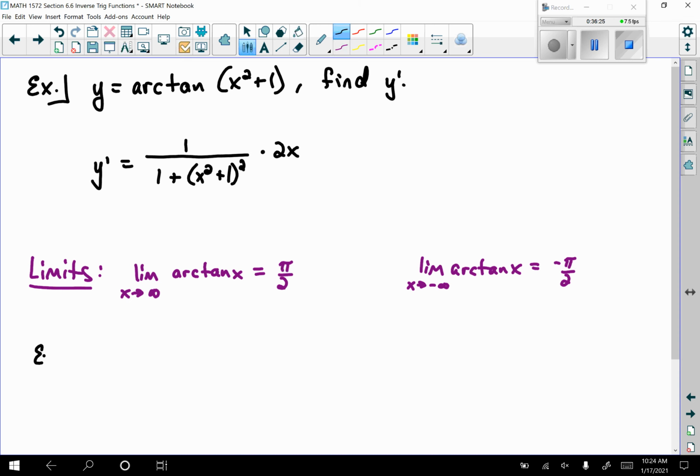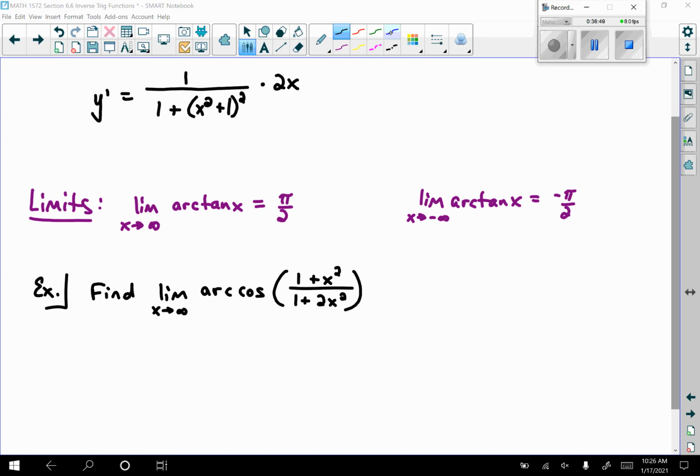So now, let's find the limit as x increases without bound of arc cosine of 1 plus x squared over 1 plus 2x squared.